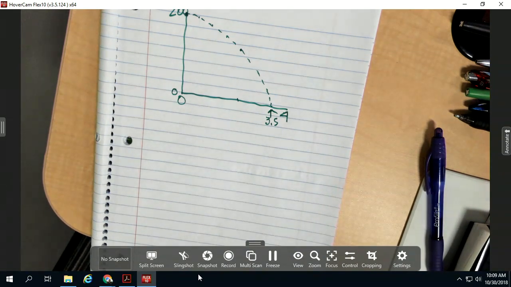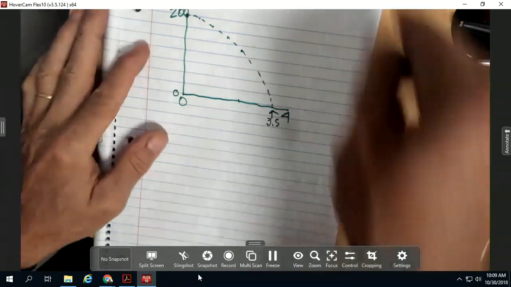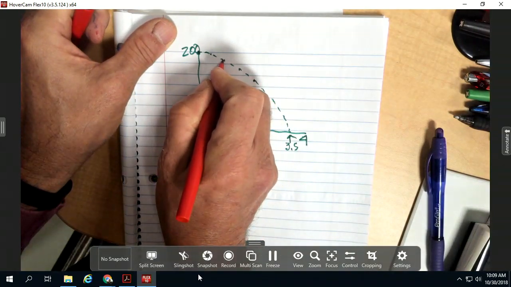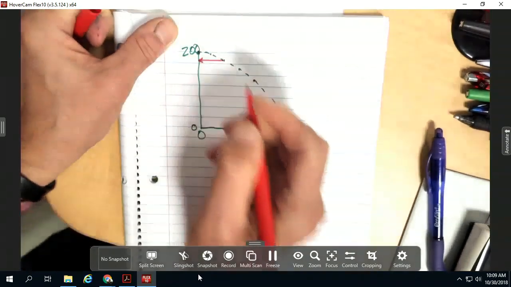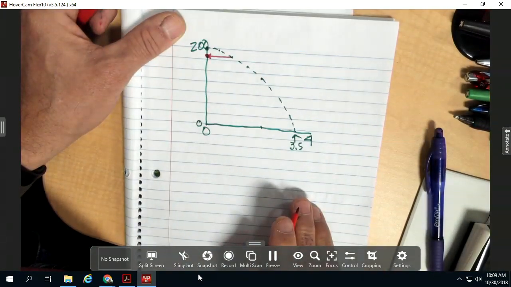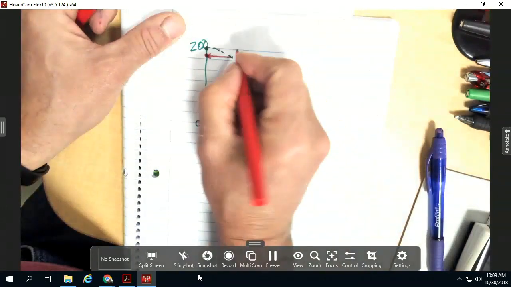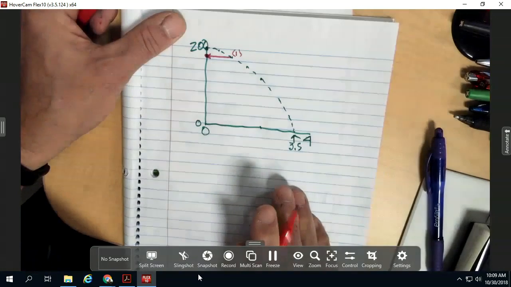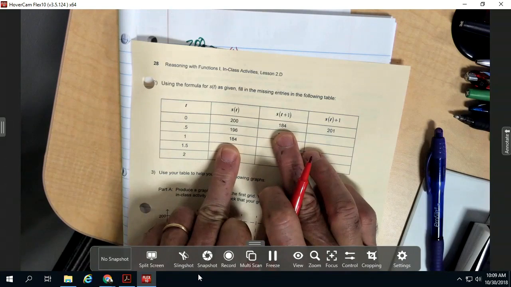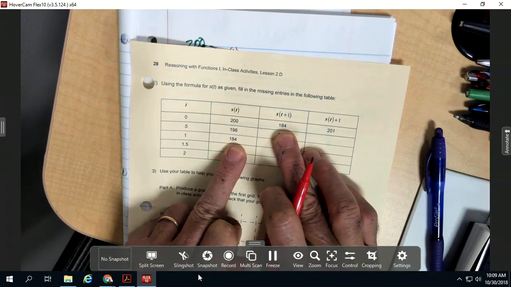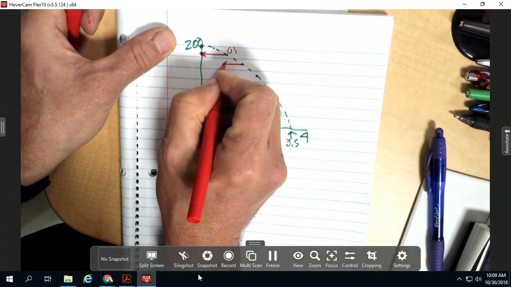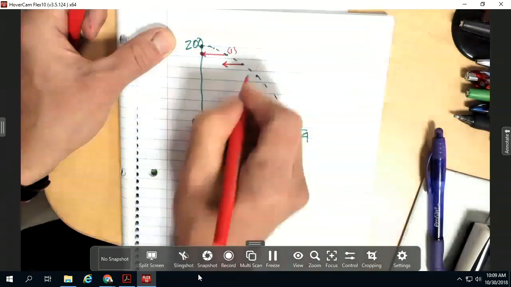Now we're going to produce a graph for S of t plus 1. So would you agree that at the beginning, it's the same spot that the other one was at 1 second? Correct? Look at the table. At the beginning, it's the same place that the S of t was at 1 second. So here, it's also going to be shifted 1 second.